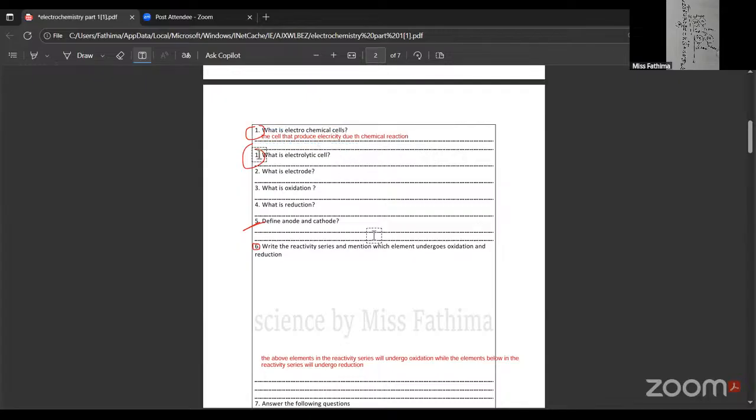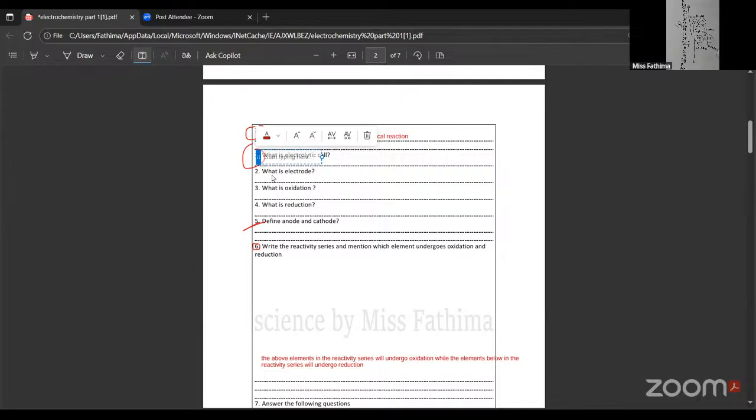Okay. So what is an electrolytic cell, children? The opposite of that. The cell that undergoes chemical reaction due to electricity, that you call an electrolytic cell. What is an electrode?